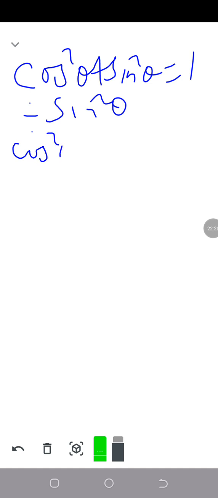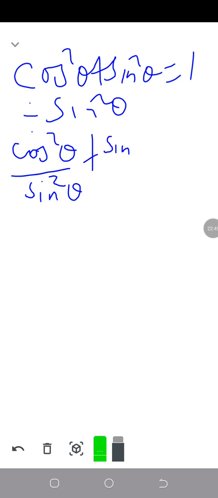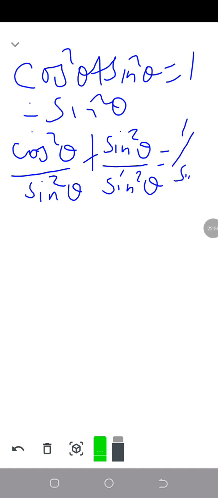So we shall have cos squared theta over sine squared theta plus sine squared theta over still sine squared theta, which is equal to 1 over sine squared theta.